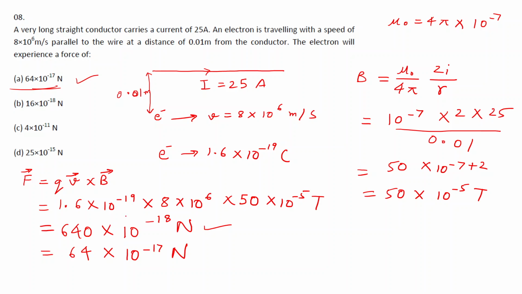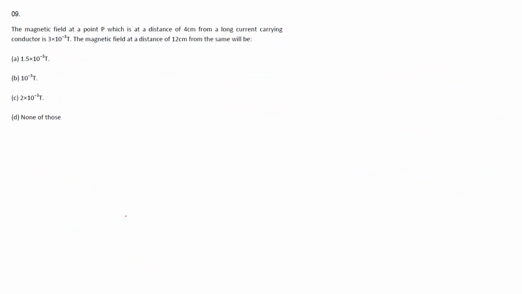Okay, so the next question is about the magnetic field at a point P, which is at a distance of 4 centimeter from a long current carrying conductor.